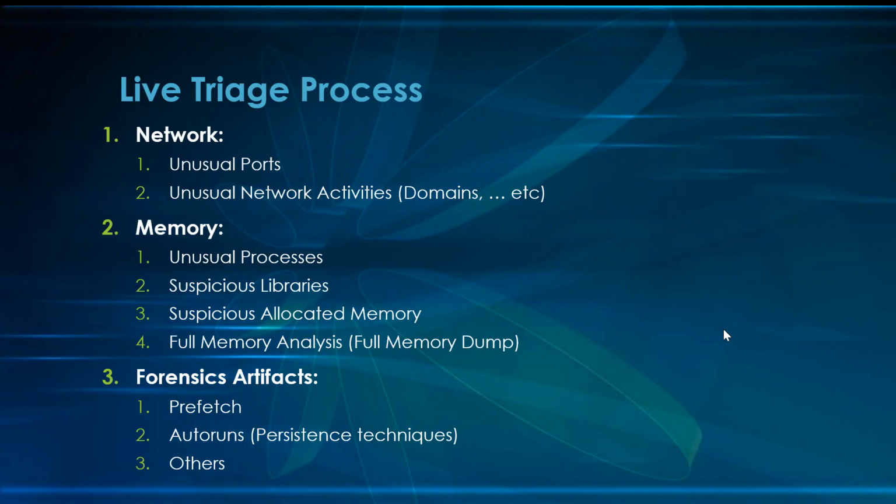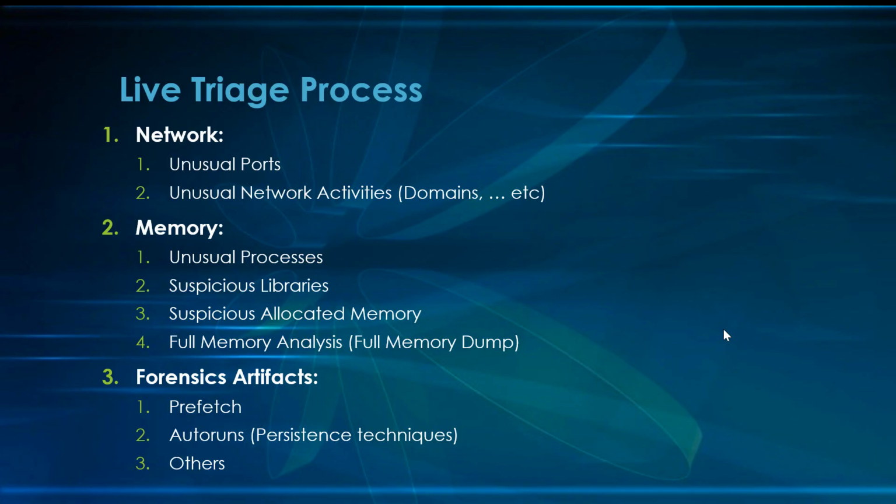We can look for suspicious allocated memory, see if there's any memory allocation that is read, write, and execute, or writable or readable and executable. And as well, it's private memory. It's not memory that is part of any process or any library memory. We can look for something like that.